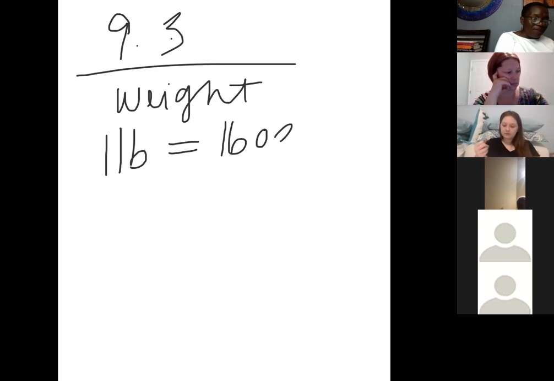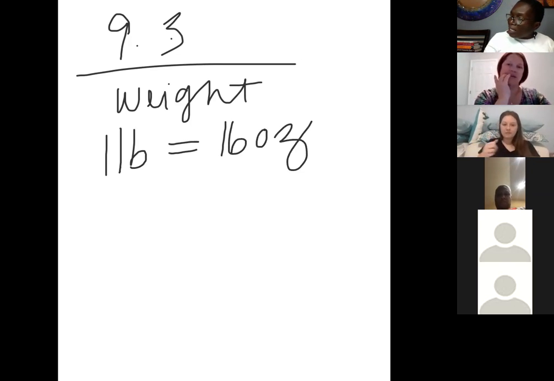And I believe I gave you guys that one too on the conversion chart. Yes, I certainly did. Okay. So the most common measurements that we use for weight are pounds and ounces, primarily pounds.